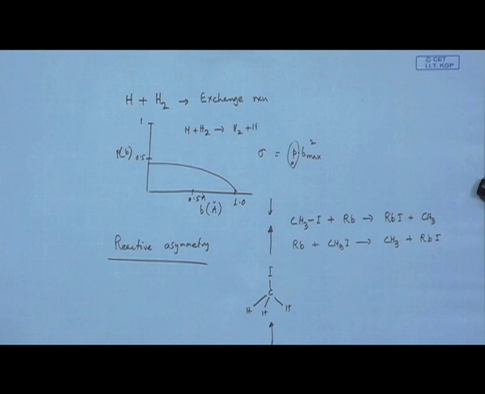Okay. So, using oriented reactants, you should be able to find out this steric factor, which is a very important factor.